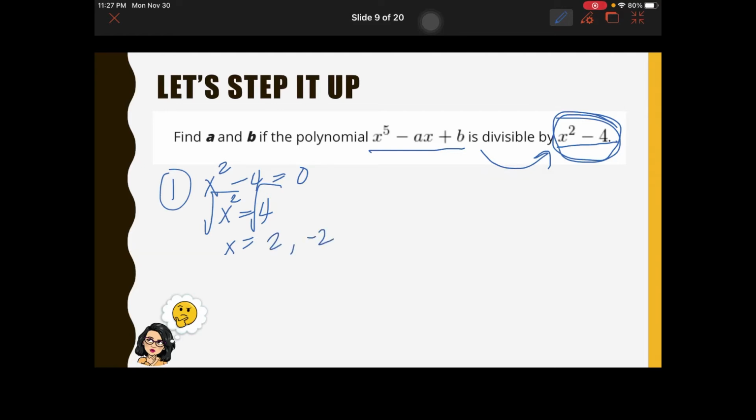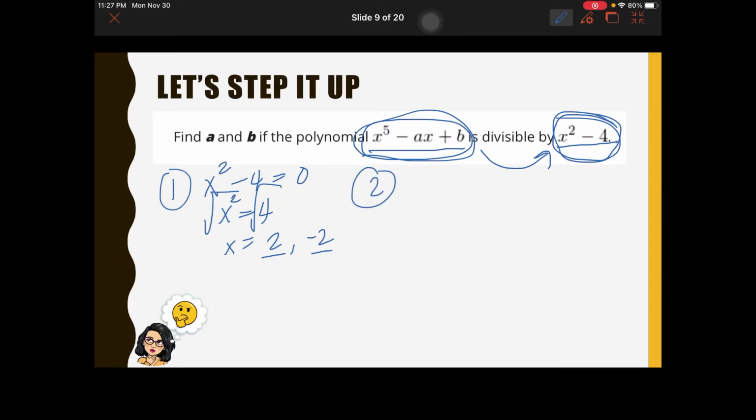And then after that, we will be substituting these two values dito po sa ating original polynomial. Bakit? Remember, na if these two are factors, ibig sabihin, this whole thing, ang polynomial natin, should be equal to 0. So, yun po ang gagawin nating basis. Okay?